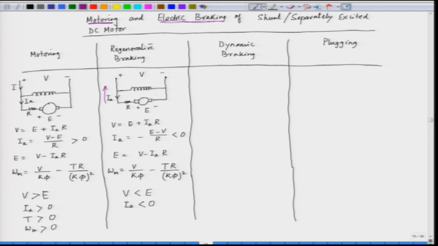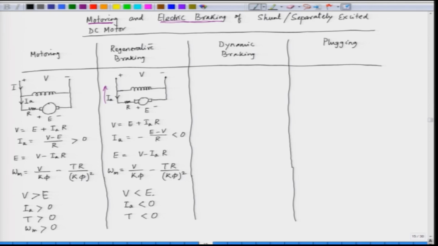So, it means the motor is working as a generator, delivering power to the DC source. And then what about the torque here? Torque is negative here, and speed in this case could be positive or negative, but these are our equations. V is less than E, I is less than 0, I is negative, and T is less than 0. So, the motor is behaving as a generator.